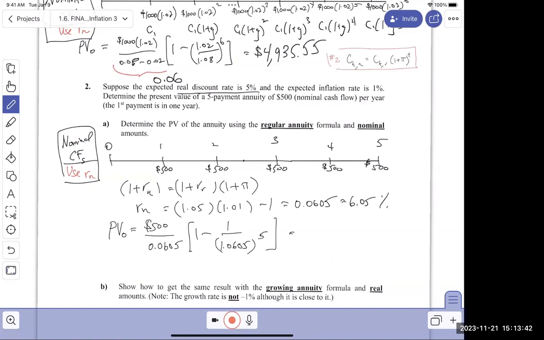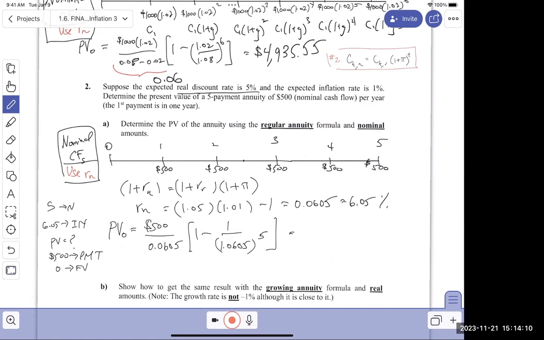So I put in 500 into N, 6.05 into interest. PV is what I want. Why did I put 500? You guys didn't stop me, sorry. 5, not 500 into N. 500 into PMT, and 0 into FV.